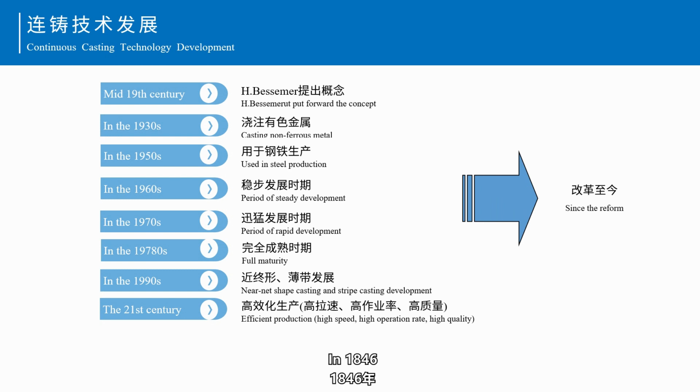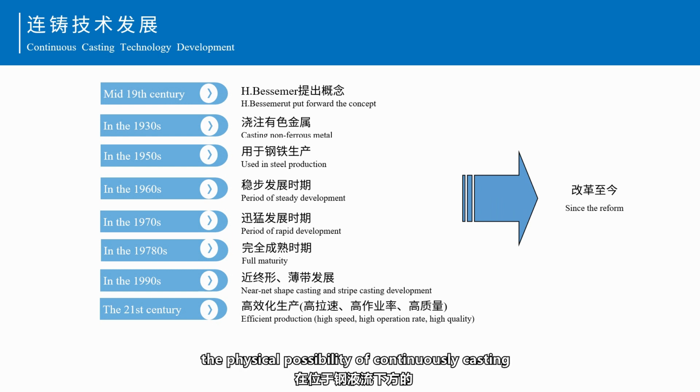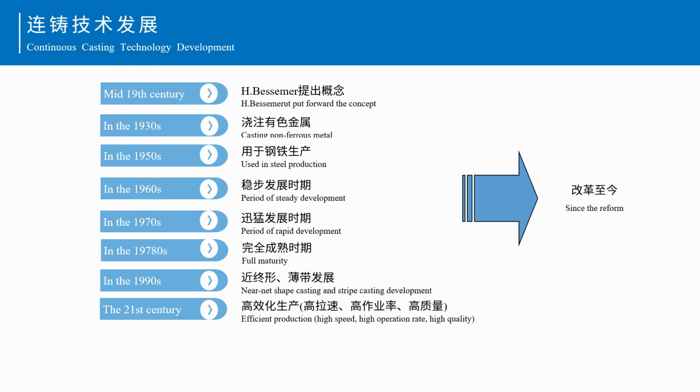In 1846, Sir Henry Bessemer in the UK first conceived and demonstrated the physical possibility of continuously casting thin sheets of steel between two water-cooled rolls positioned below a stream of liquid steel.